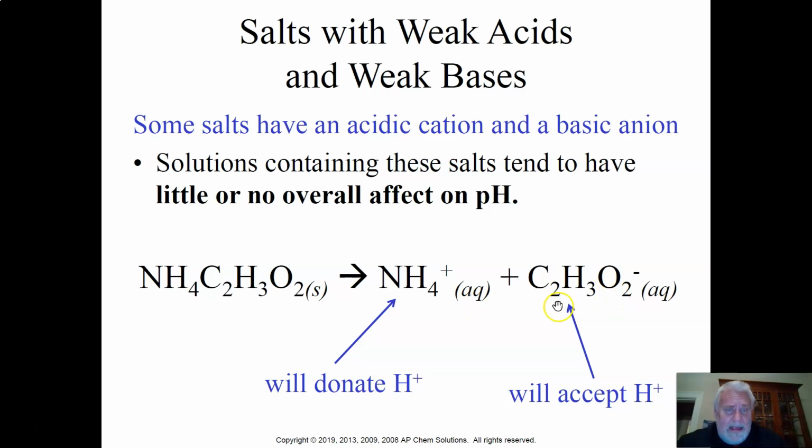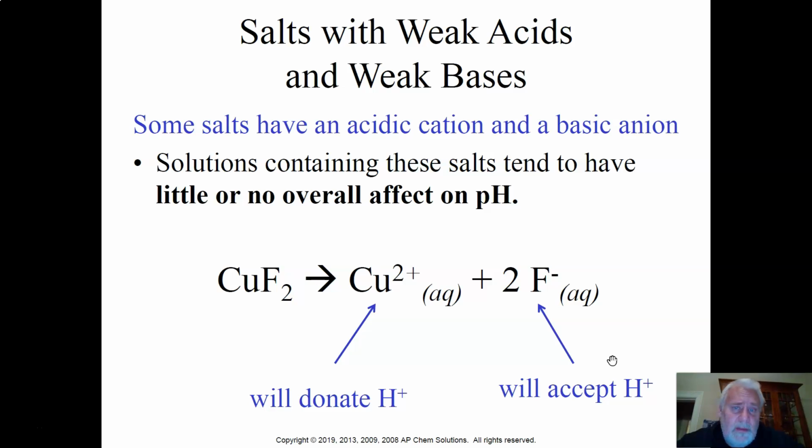This acetate ion certainly can accept a proton because it has lost that hydrogen on that little carboxylic acid group that's just gotten yanked off. Certainly willing to accept one back. So you got kind of a push and pull situation like this. It should change the pH, but wait, you have an acid and a base.